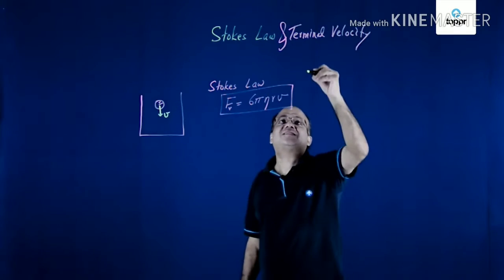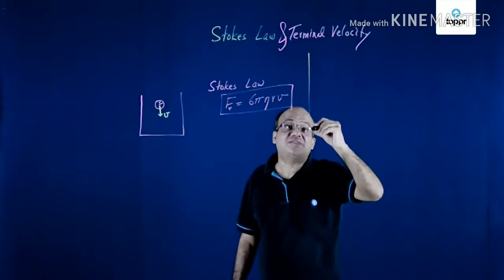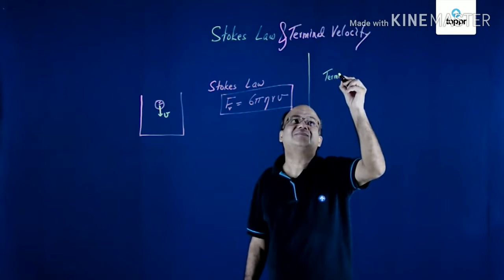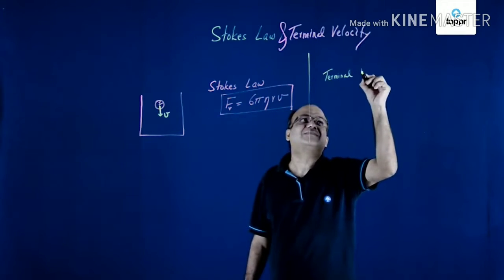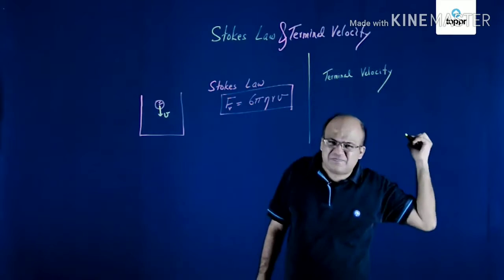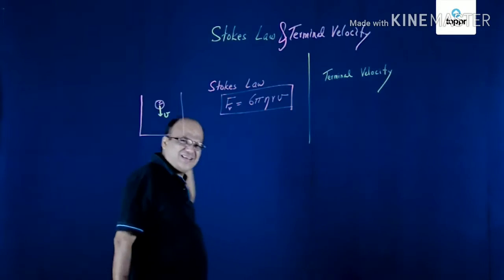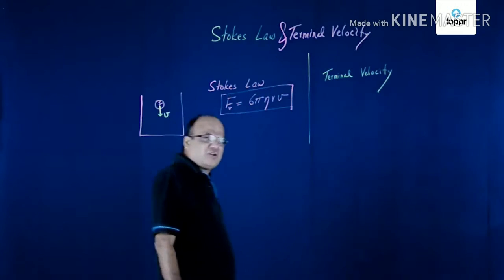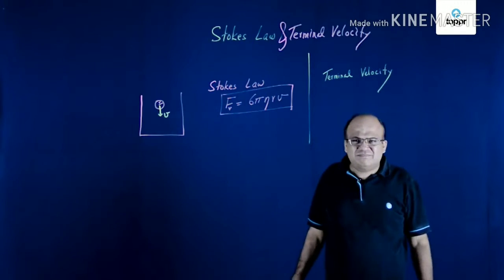Based on this, we get the concept of terminal velocity. So what is terminal velocity? A spherical object is falling through a large column of viscous fluid.